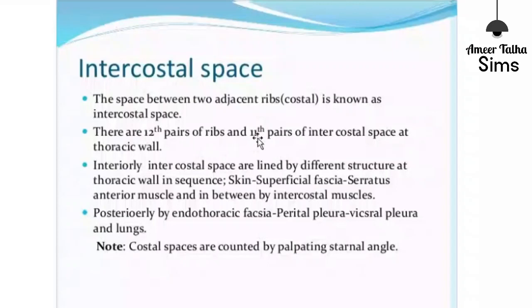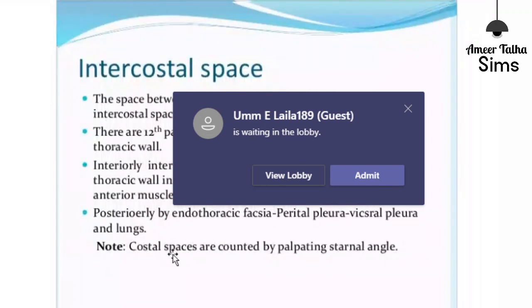Anteriorly, intercostal spaces are lined by different structures like skin, superficial fascia, muscles, and posteriorly by the endothoracic fascia, pleura, and the lungs. Intercostal spaces are counted by palpating the sternal angle. And sternal angle is also known as, does it have another name?